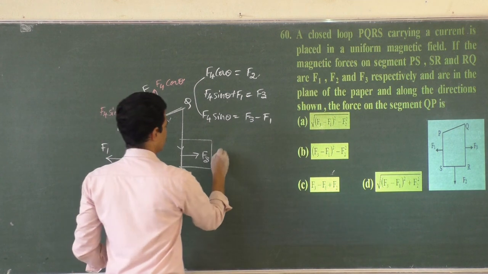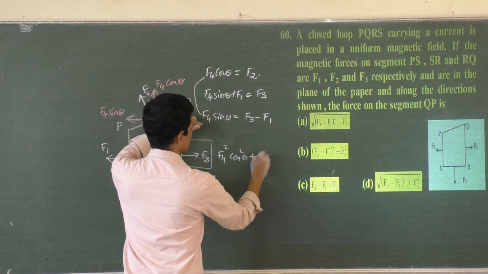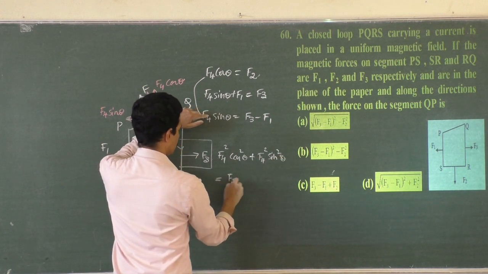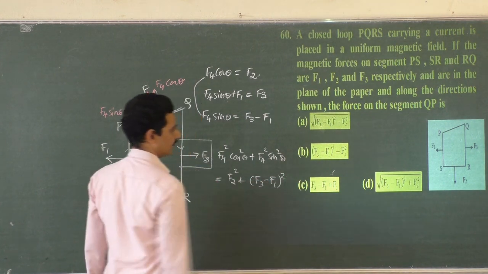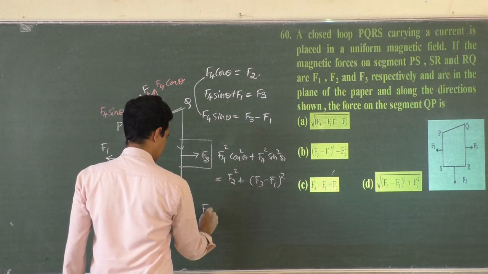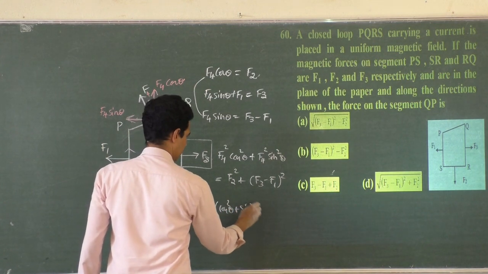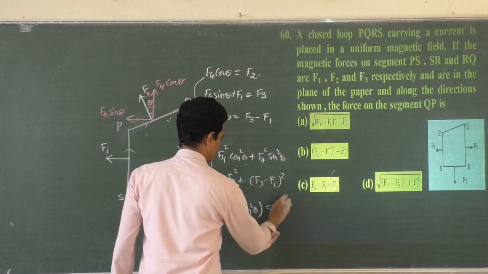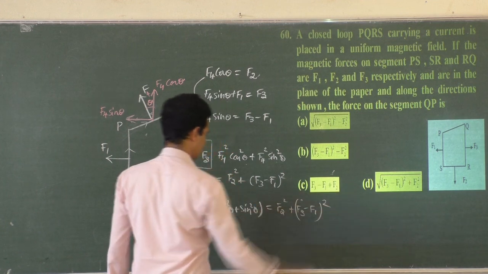So what you will get? F4 square cos square theta plus F4 square sin square theta must be equal to F2 square plus (F3 minus F1) whole square. So F4 square outside the bracket, cos square theta plus sin square theta, is equal to F2 square plus (F3 minus F1) whole square.